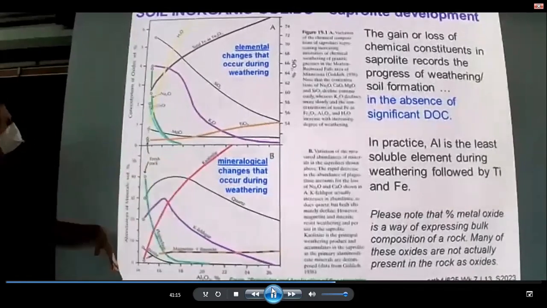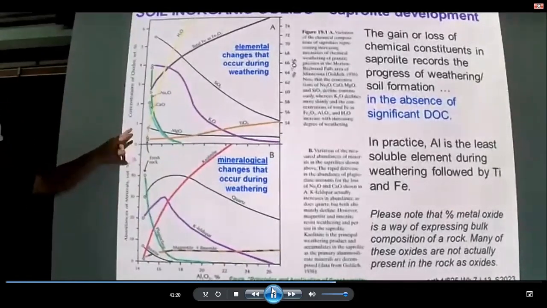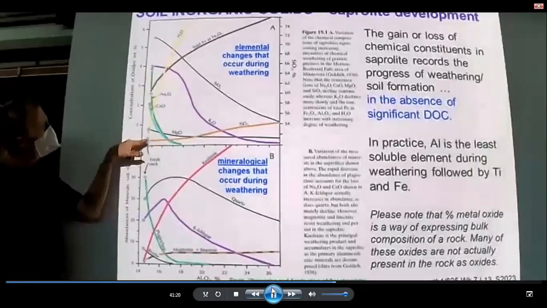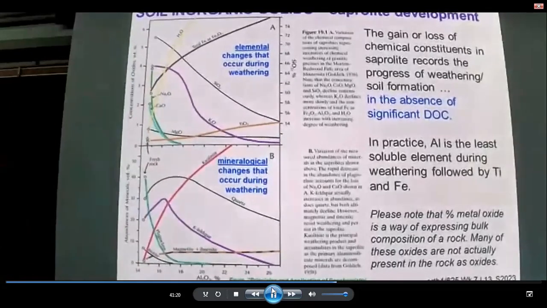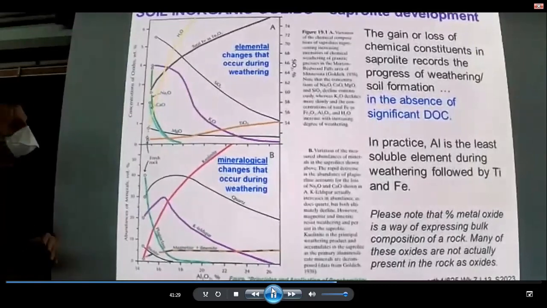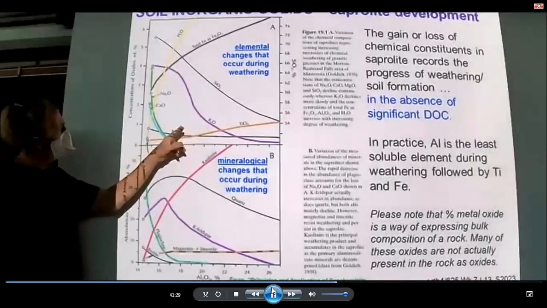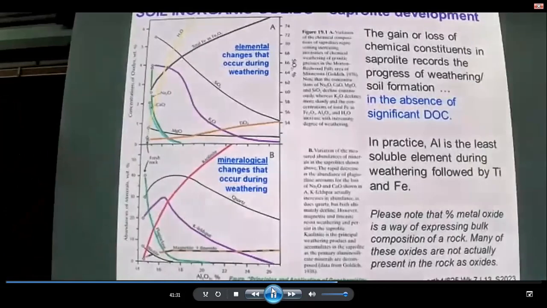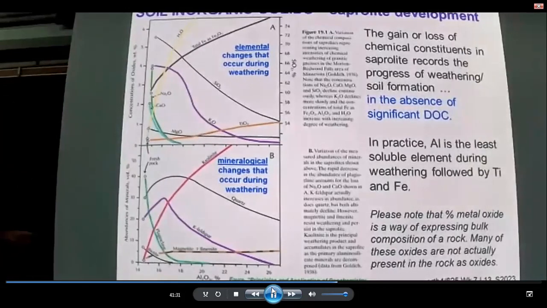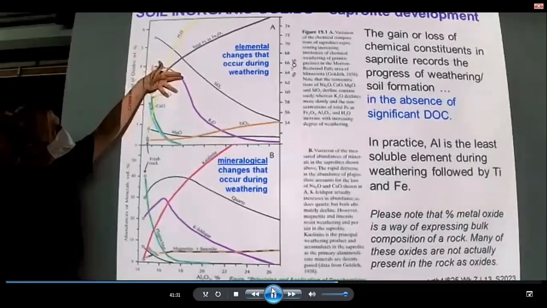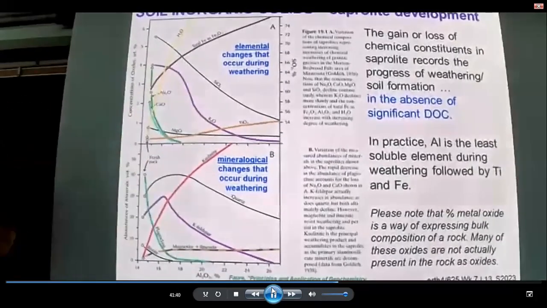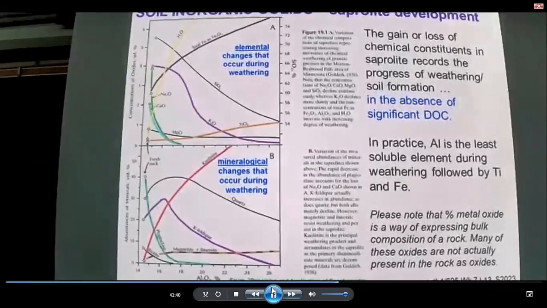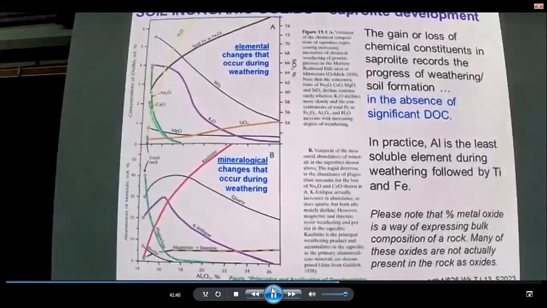Okay, and then we have the percent of a bunch of other things on the y-axis. In the upper diagram, I'm showing you chemical elements, and in the bottom diagram, I'm showing you the minerals that they sit in. So one thing you will note is that almost every mineral on this diagram decreases as aluminum increases, right? You can see magnesium and sodium and calcium and potassium, as I'm pointing to, even silicon. But you will notice if you look carefully, titanium and iron increase.